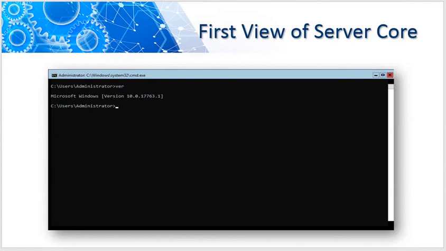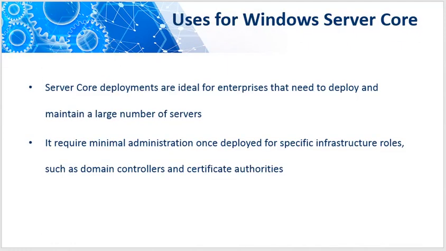After the installation, you get this screen, nothing graphical in front of you, and here you get the command line, and all sorts of configuration can be made by using this command line interaction.